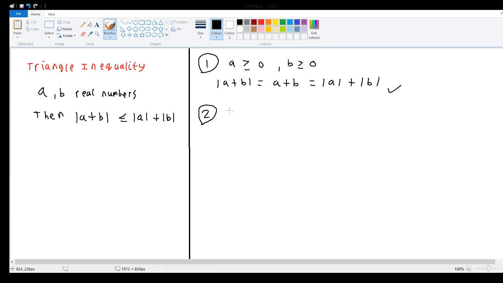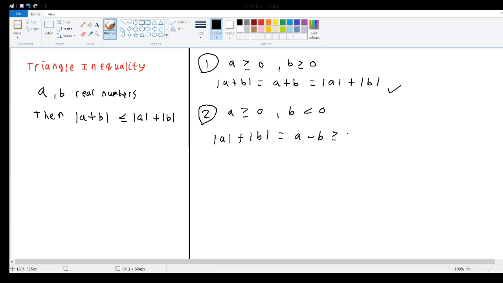Now, what about case number 2? What would case number 2 look like? Well, let's have a greater than or equal to 0, but b is less than 0, so b is negative this time. Then what does the modulus of a plus the modulus of b look like? Well, that's just a minus b. Okay, what can we do with this?